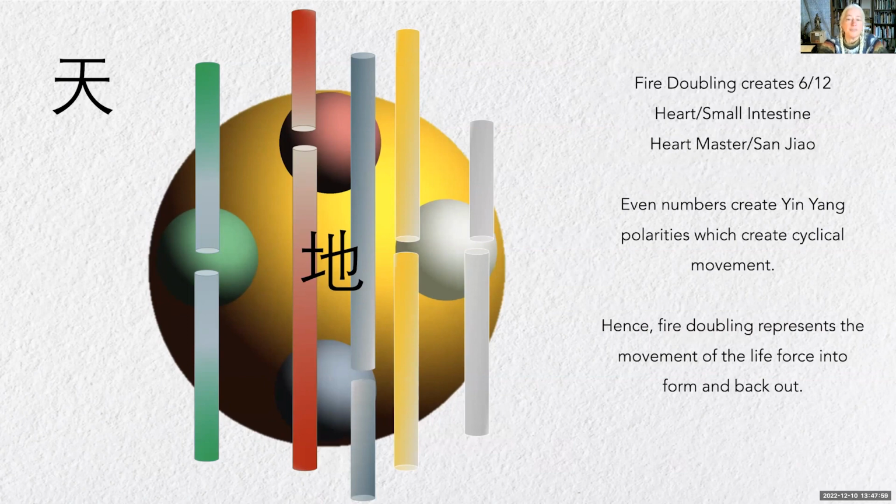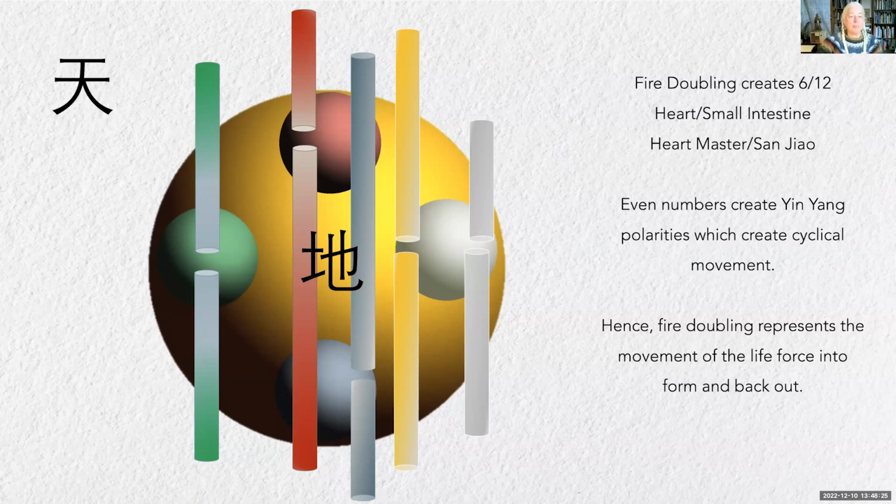Okay, now we have fire doubling. When we want to go from 5 to 6, it's interesting, because what happens is that fire doubles. And what fire doubling actually means is that fire is moving.